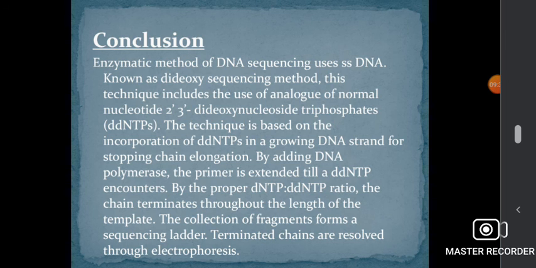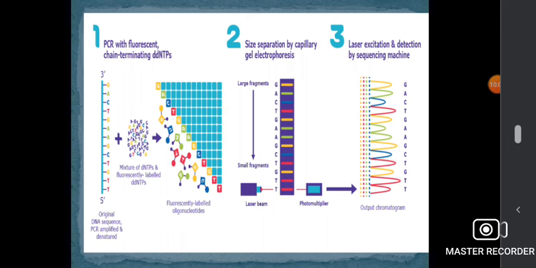By adding DNA polymerase, the primer is extended until a ddNTP is encountered. By a proper dNTP to ddNTP ratio, the chain terminates throughout the length of the template. The collection of fragments forms a sequencing ladder. Terminated chains are then resolved through electrophoresis. So this is the overall reaction once more.